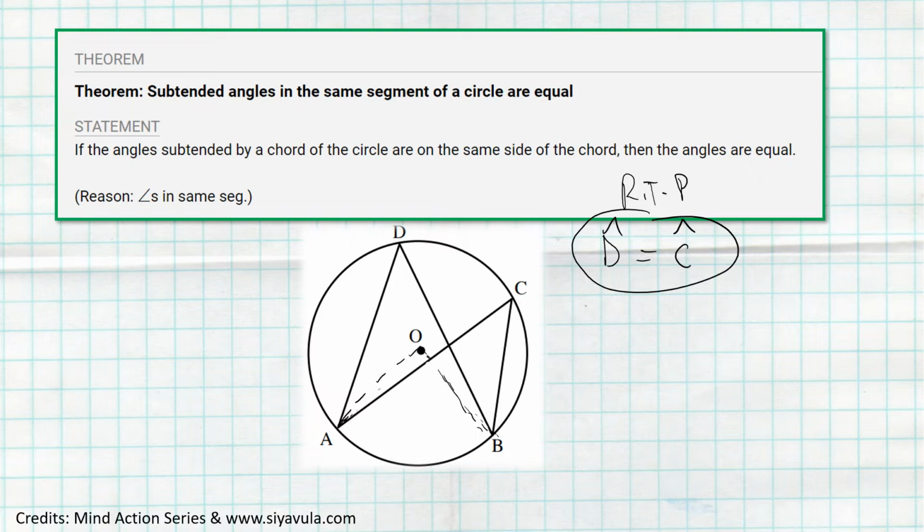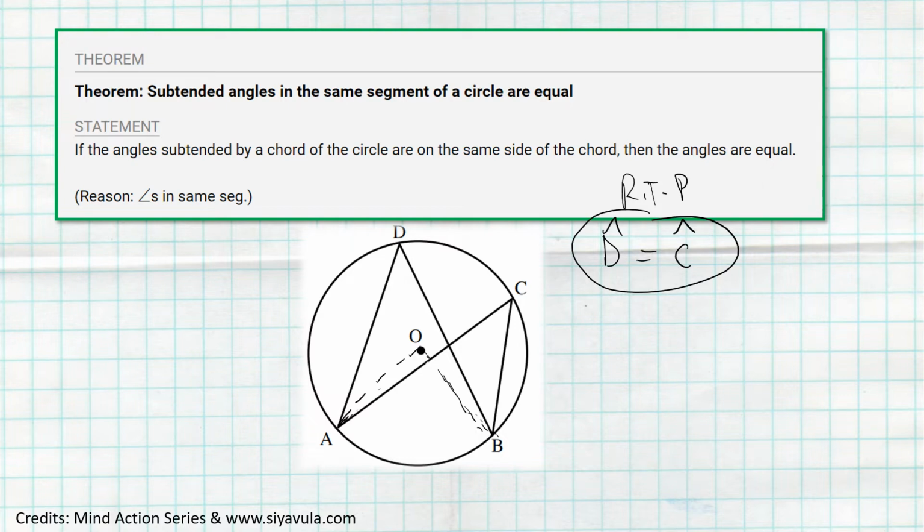To prove this theorem, you have to relate it with theorem number 2. Remember, we did theorem number 2, and it says that the angle subtended by an arc at the center of the circle is 2 times the angle subtended by the same arc at the circumference.